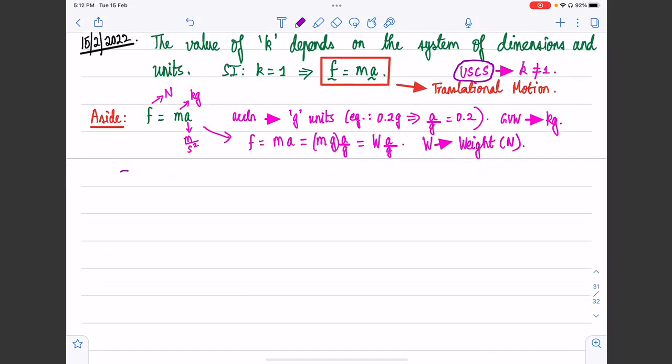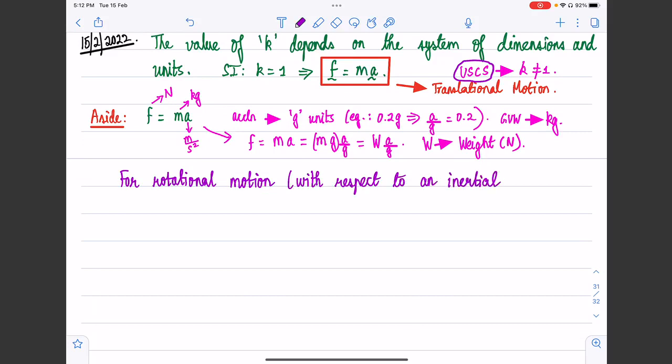So now moving ahead, it's not necessary that a vehicle or a rigid body undergoes only translational motion along one direction. We can also have rotational motion about different axes. So what happens when we have rotational motion? For rotational motion with respect to an inertial frame of reference, where do these equations become important?